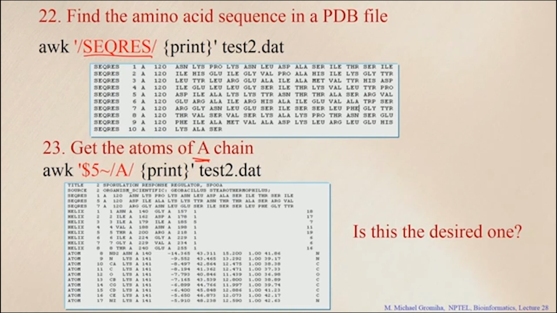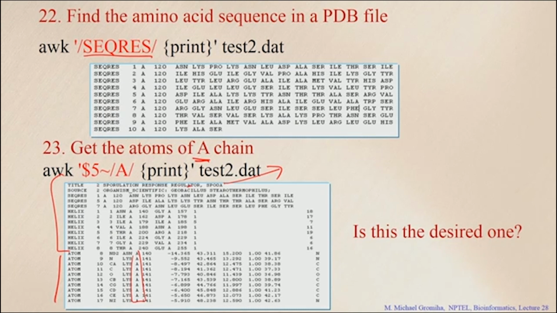Shall we get the A chain's atoms? No. Why do we not get only that? We will get the A chain along with additional information. You can see all the A chain information, the records, but along with them we get these additional lines. Why do we get this additional information? Those also satisfy the criteria. Here also, if you see, this is A in field 1, 2, 3, 4, 5.